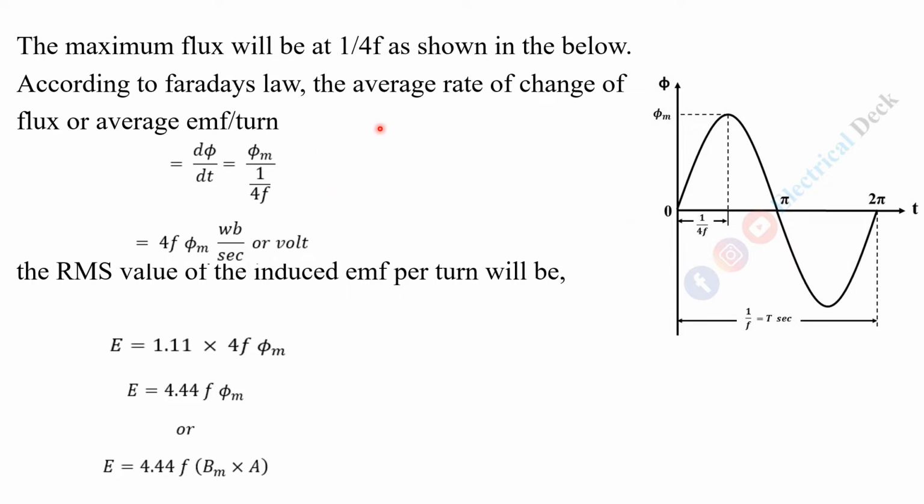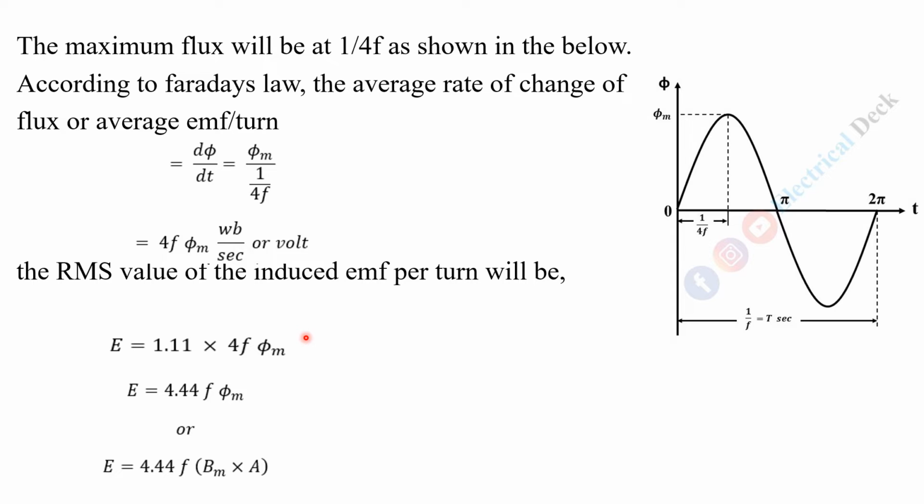Let us see the average rate of change of flux, or average EMF per turn, which will be d phi by dt. Here dt, the time, will be 1/(4F). So the average EMF per turn will be 4 phi m F volts, that is Weber per second.